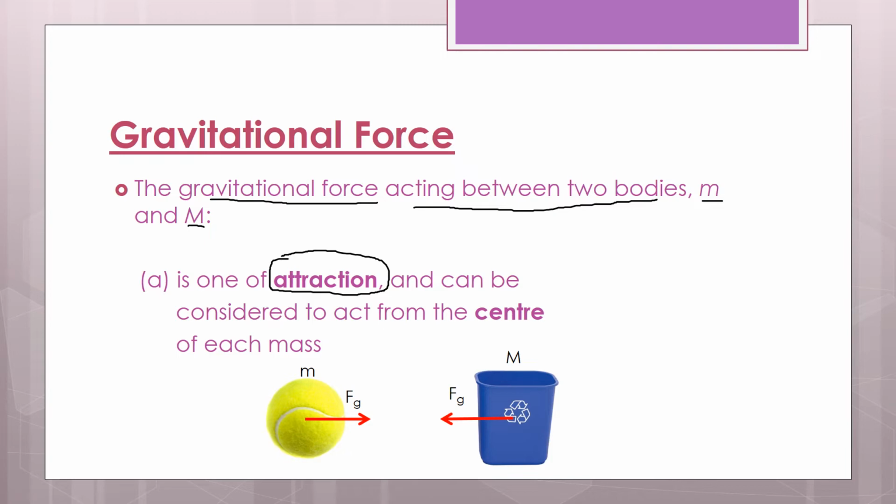Let's say we have a tennis ball, and let's say the mass is small m, and we have another one, a recycle bin, with a capital M here representing its mass. So what will happen if you put them side by side? You will expect that there is a gravitational force acting on both of them. There is a force of attraction between these two objects. But the thing is that you might not realize it because it's extremely difficult to detect.